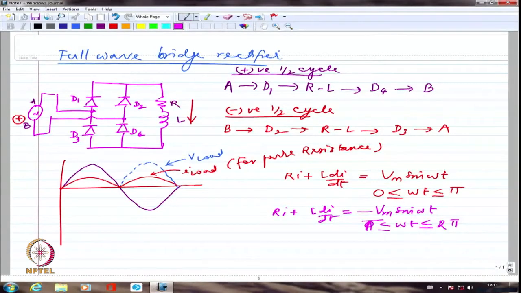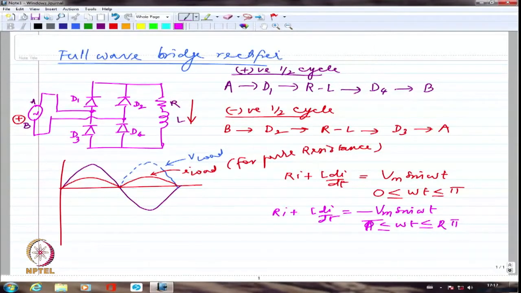If it is greater than Ri, always inductance will try to store energy. If it is less than Ri, the shortfall is going to be met by the inductance stored energy. That is how it is going to function. So you will never see that the current really touches down to zero value. That's what is going to happen in this case.